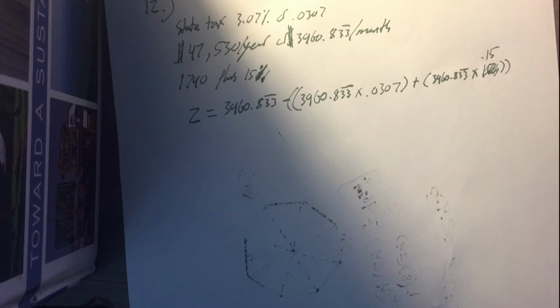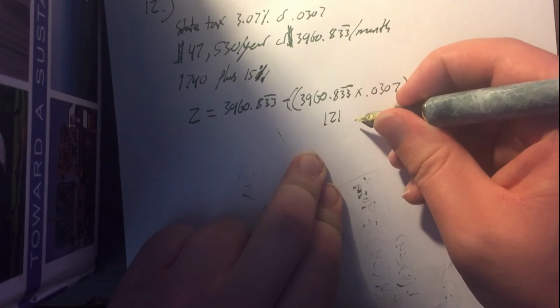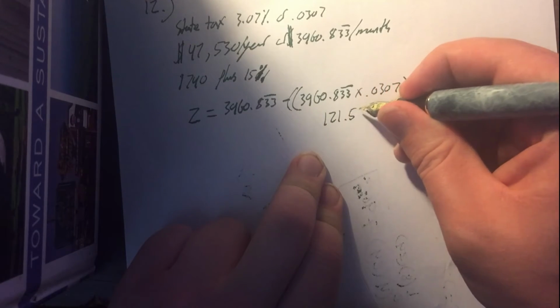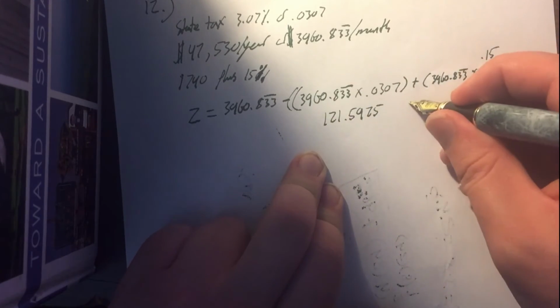So let's do the first parentheses of 3,960.833 times 0.0307. And that'll give us 121.5975, and there's more decimals, but let's just keep it there.